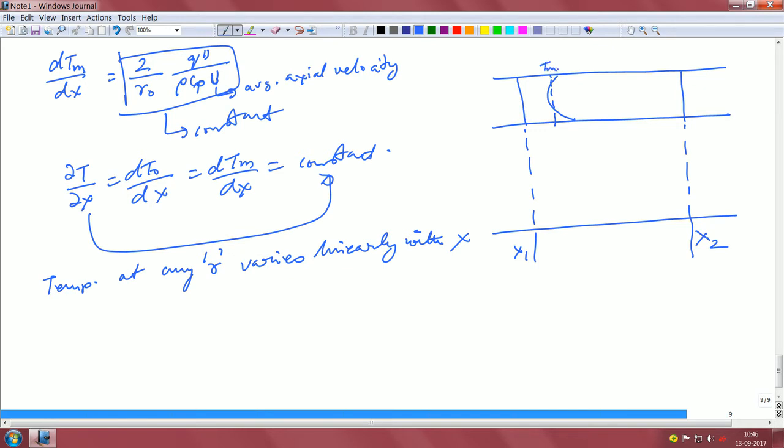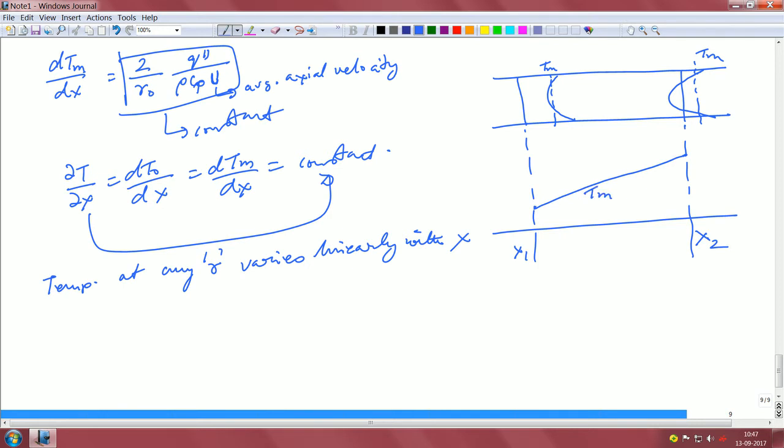At a different cross section there will be some variation, and the mean temperature will be somewhat like that, Tm at that particular location. If you now plot the variation of the mean temperature, you will find that your mean temperature goes up. So, this is your mean temperature profile, right.